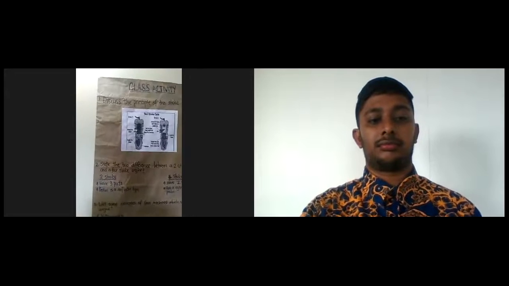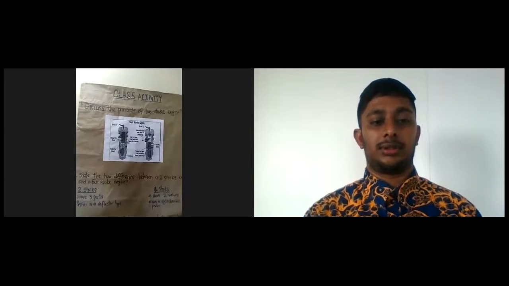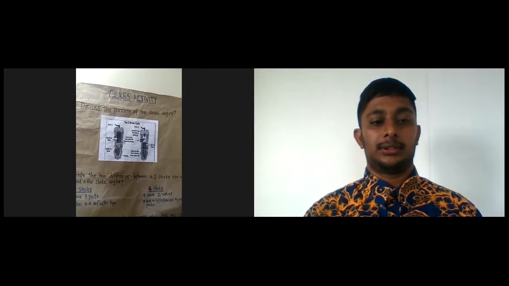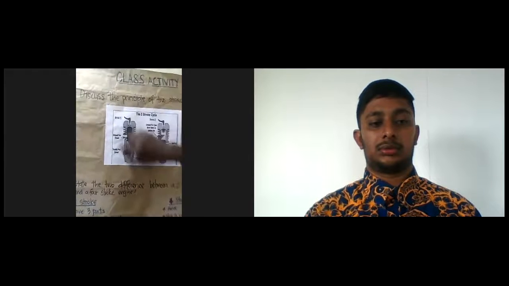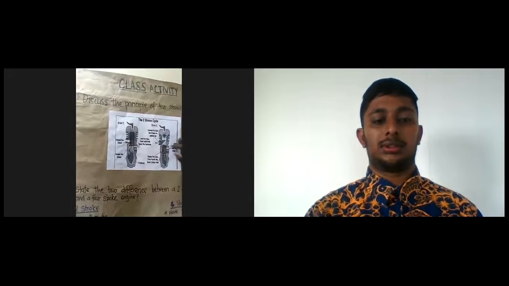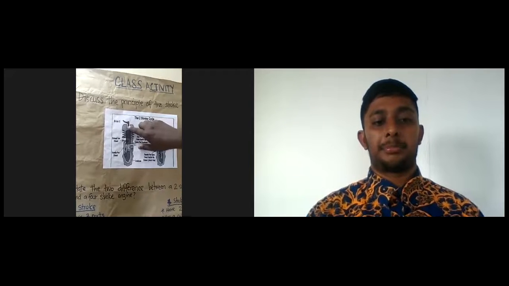Okay, so the first question says, discuss the principle of two-stroke engine. In this diagram, the two-stroke engine diagram is here. This one is a spark plug.